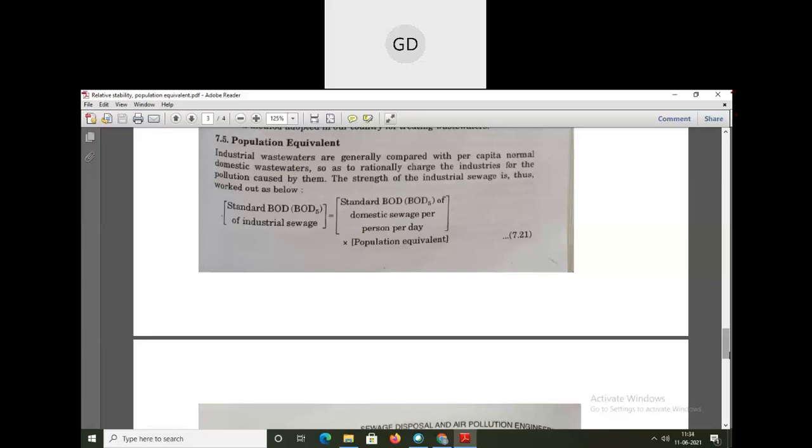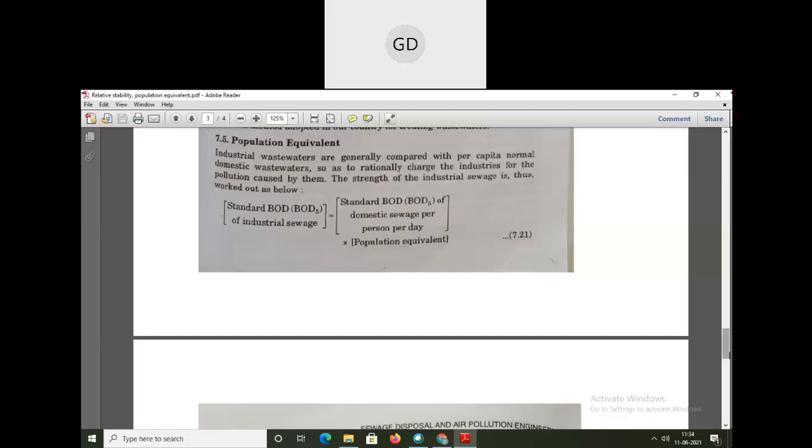Per capita means per person. The industries are charged for how much pollution they cause, on the basis of the strength of the wastewater they are disposing of.